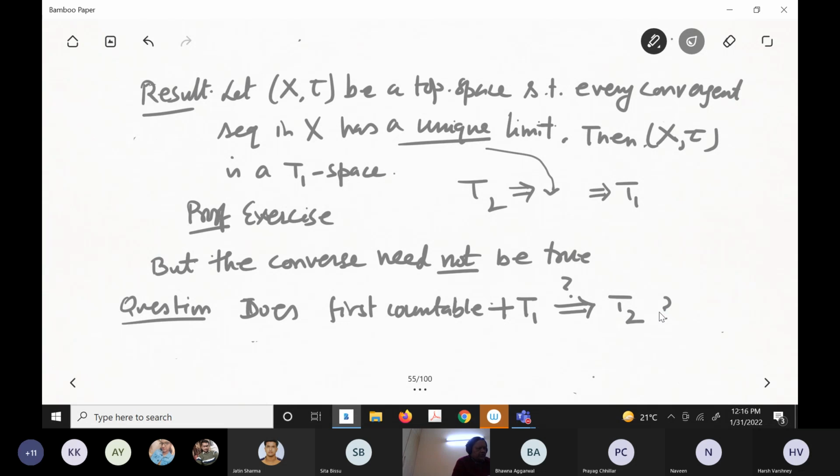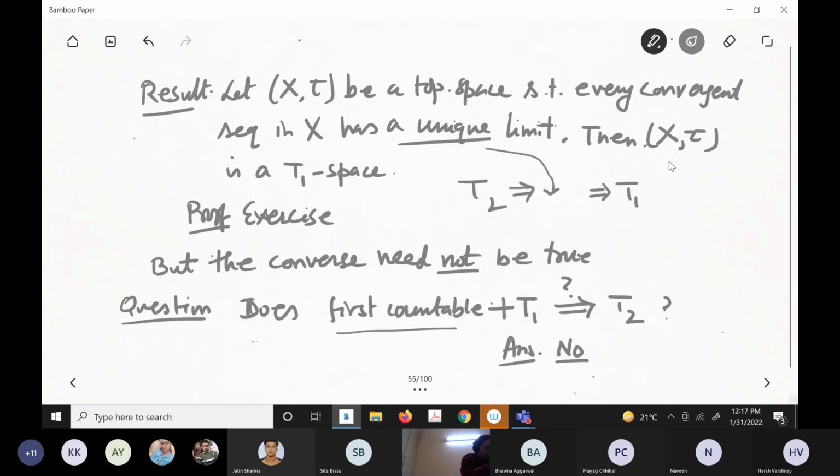That you should think of. I'm saying the answer is no. You can find a first countable T1 space which is not T2. Because in a first countable space you only need to consider sequences, you need not consider nets. Okay, so that every convergent sequence has a unique limit.